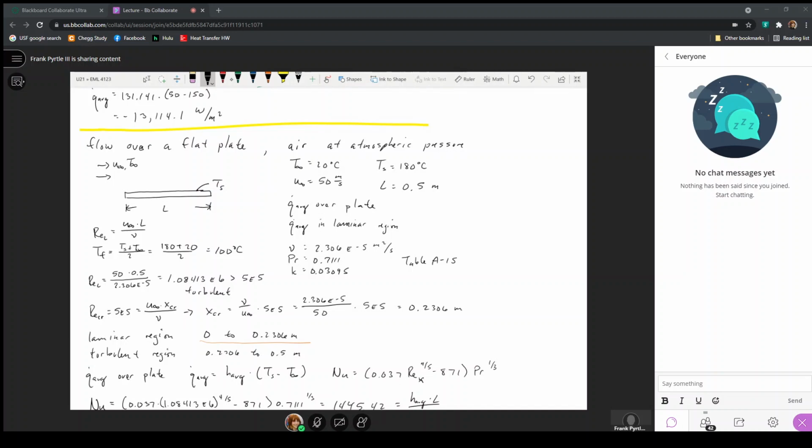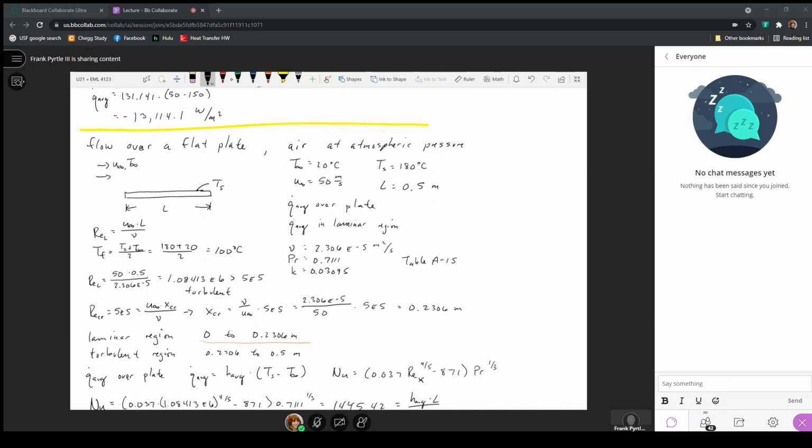The transition point is the place at which we have a transition from laminar to turbulent flow. And so that will be what's called a critical Reynolds number, which is a particular point where the Reynolds number is equal to 5 times 10 to the 5th.